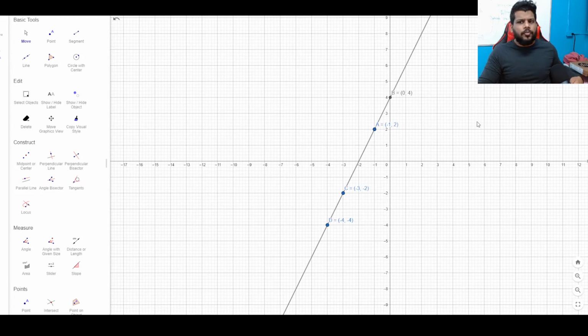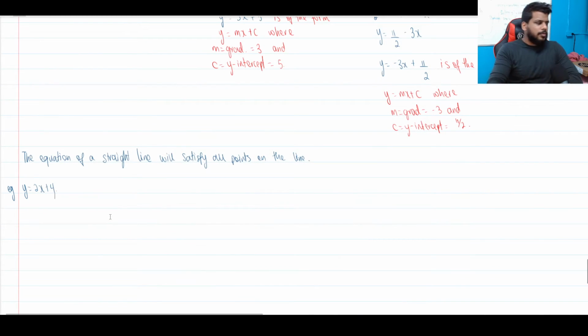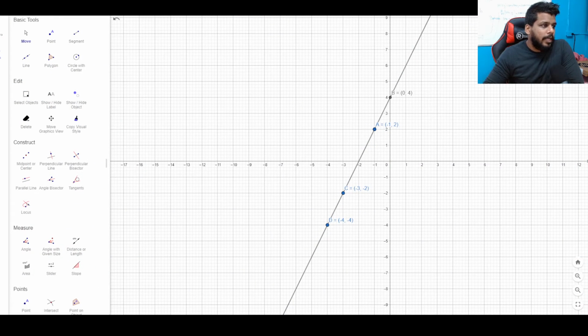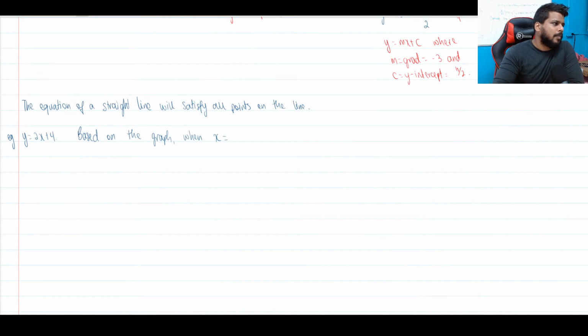Let me deal with these 4 points first. So, based on the graph, when x is equal to 0, y is 4 for point B. When x is 0, I got y is equal to 4.